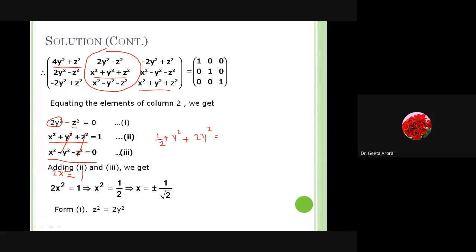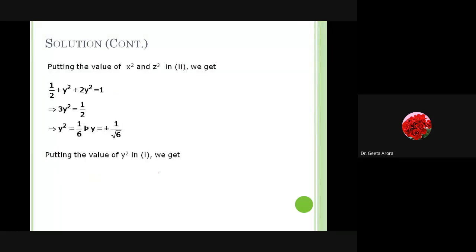Now if I do the simplification, it gives me 3y square is equal to 1 minus half, which is half. So y square is equal to 1 by 6, which means y is equal to plus minus 1 by root 6. Now z square is twice of y square, so on solving I will get 1 by 3, or z is equal to plus minus 1 by root 3. Okay, so this is how we have obtained the solution.